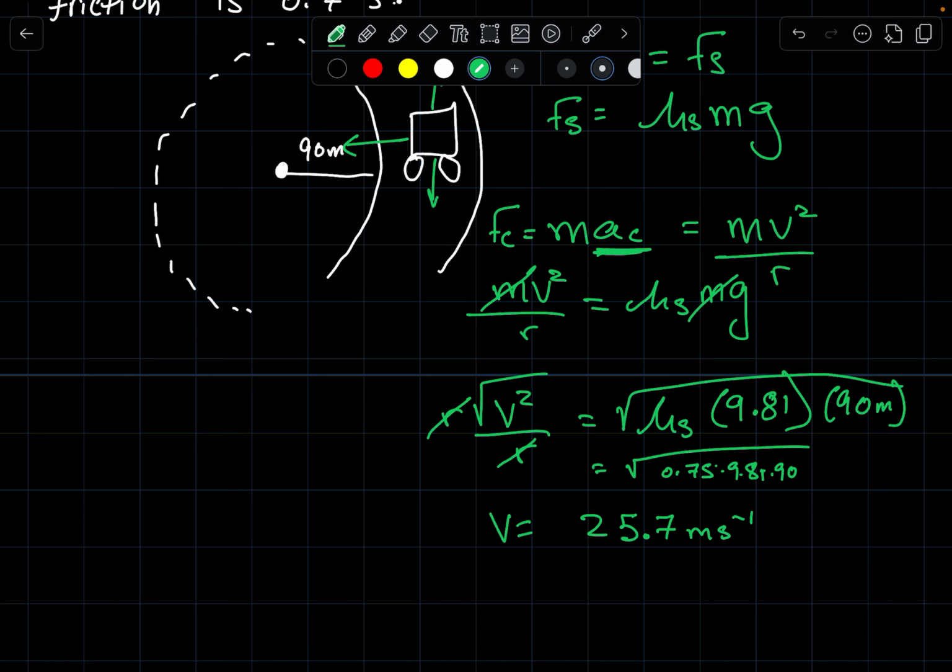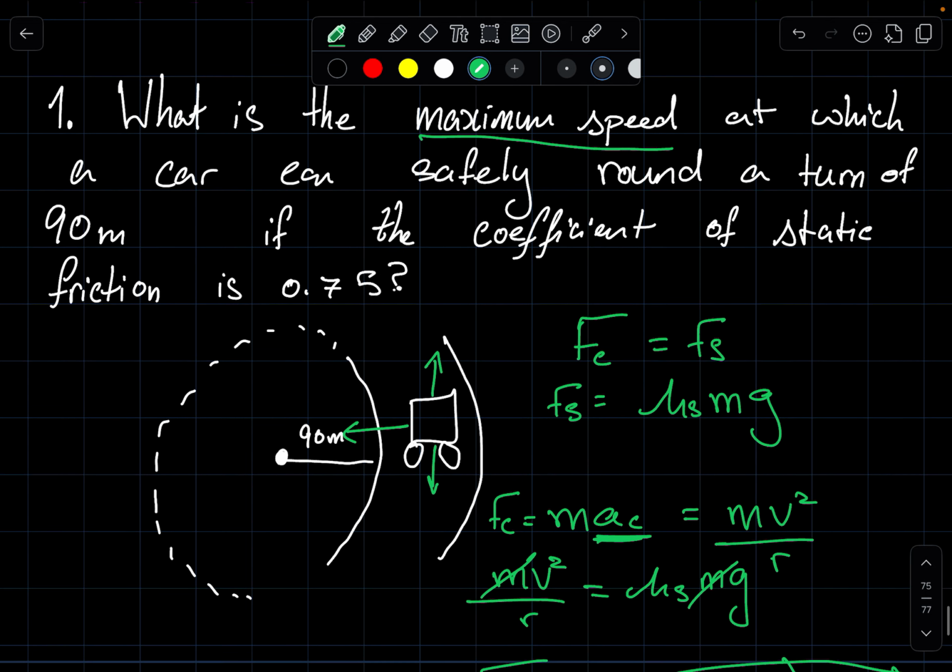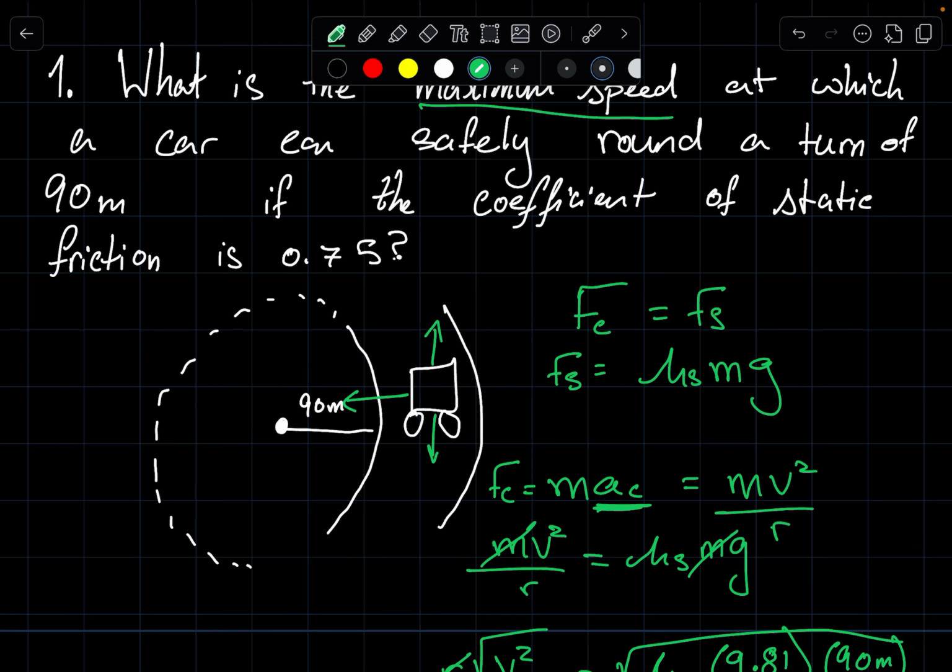So 25.7 meters per second will be the maximum speed at which a car can safely round a turn of 90 meters if the coefficient of static friction is 0.75.